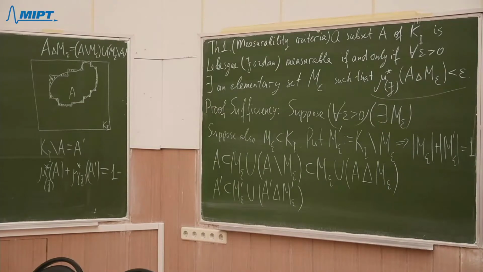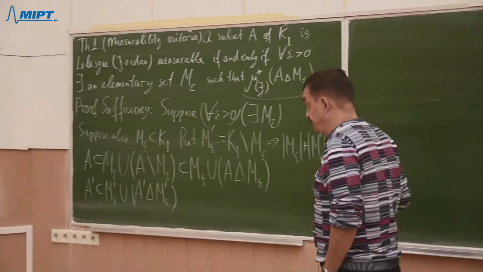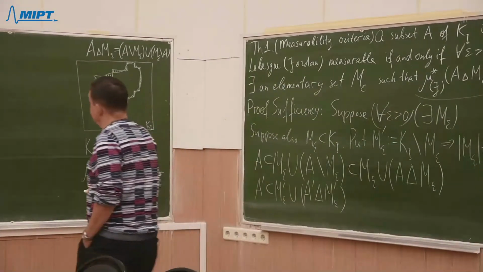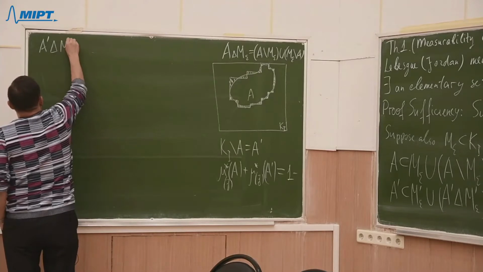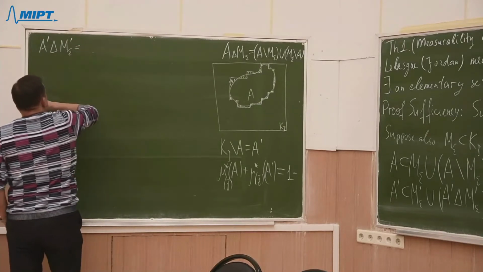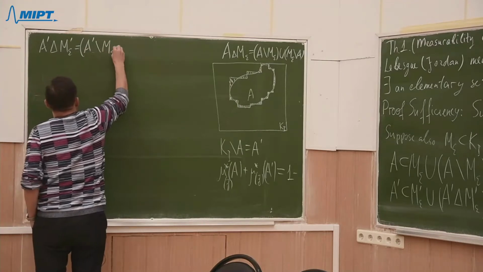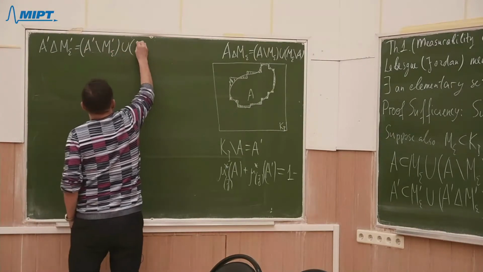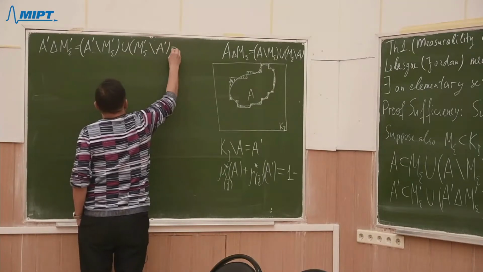And then look, what is the symmetric difference of A prime with M epsilon prime? That's A prime minus M epsilon prime together with M epsilon prime minus A prime.